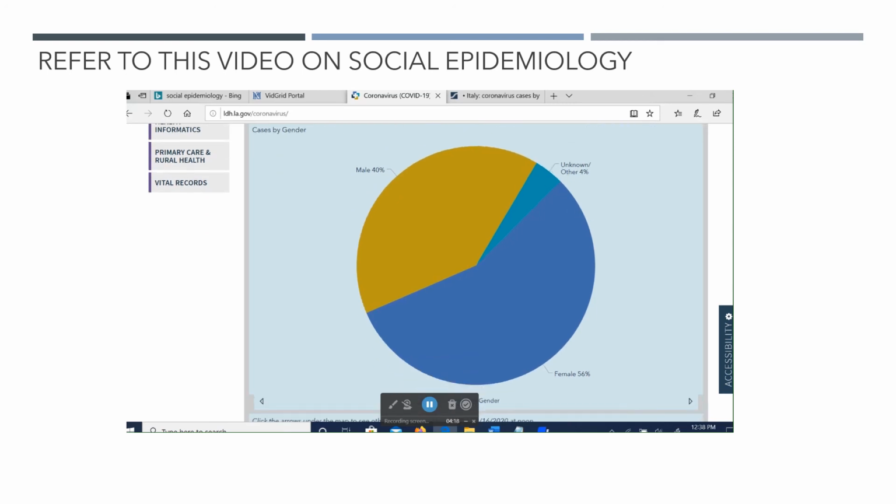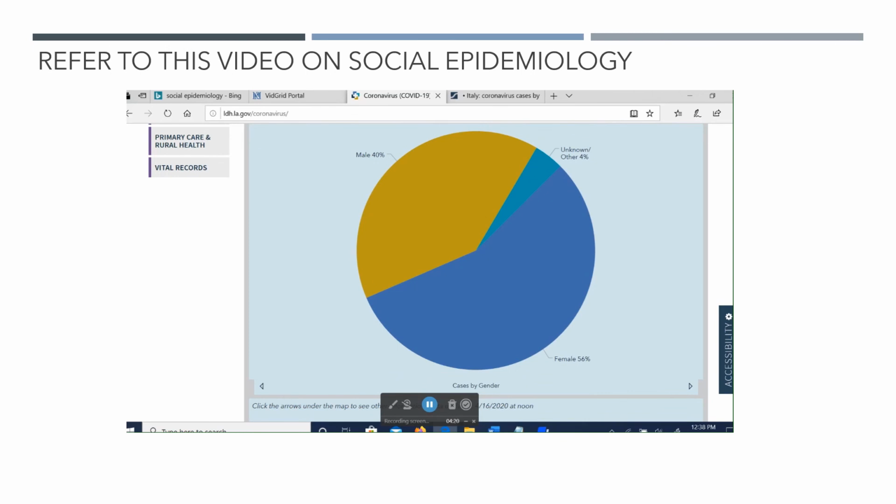So this is another manifestation of social epidemiology, and in this case, the social structural factor would be sex or gender.